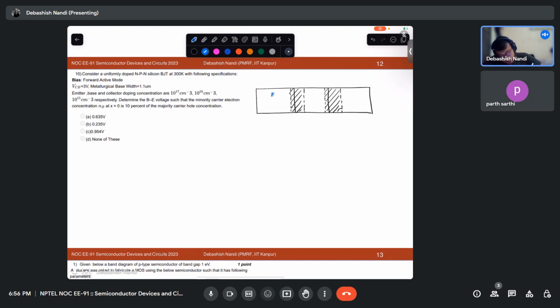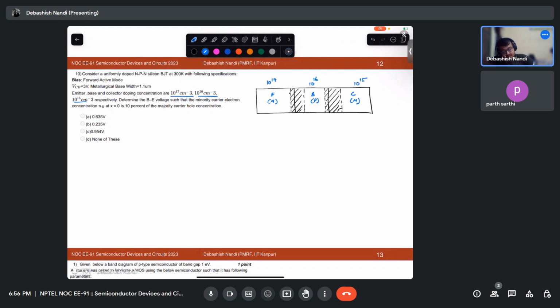This is my emitter, base, collector, and this is N, P, N. The doping is mentioned as 10 raised to 17, 10 raised to 16, and 10 raised to 15.